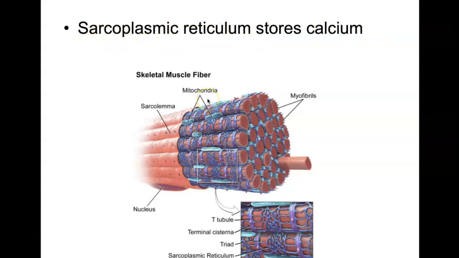But when the cell is depolarized, meaning the muscle fiber received sodium ions, those ions are going to tell the sarcoplasmic reticulum to release calcium.